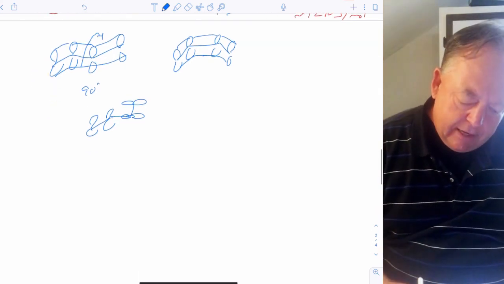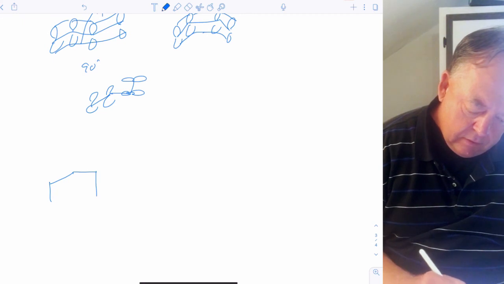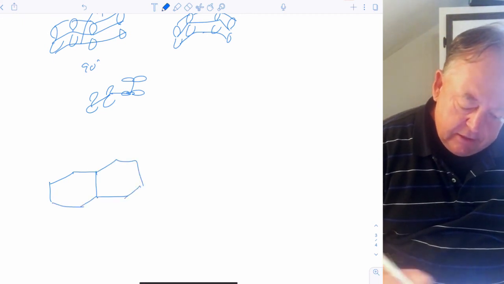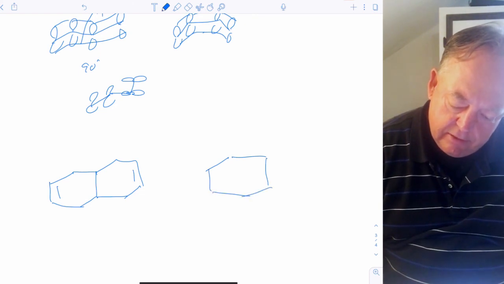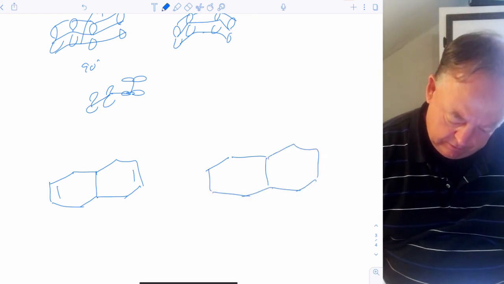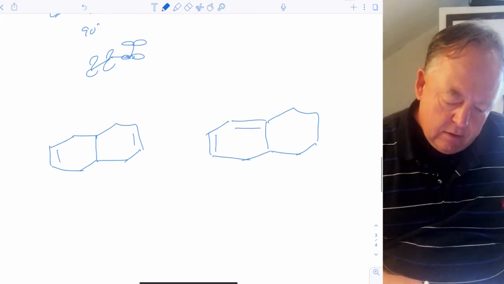Okay, so what you might have to do in this chapter is simply I give you some dienes and ask you which is more stable. So if you had that diene or that diene, which is more stable, or classify them.